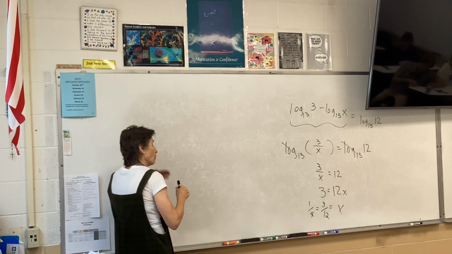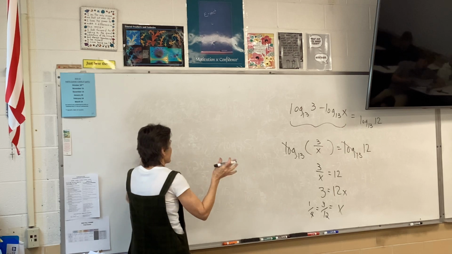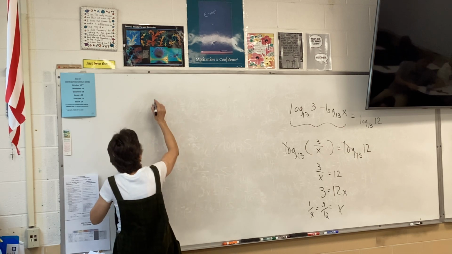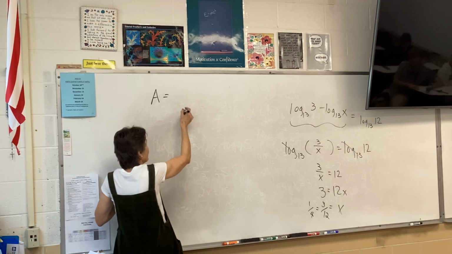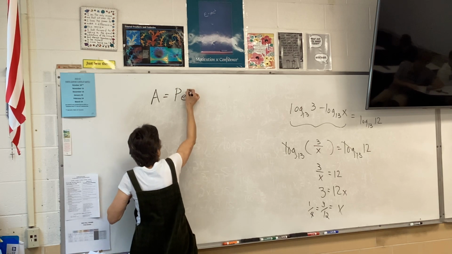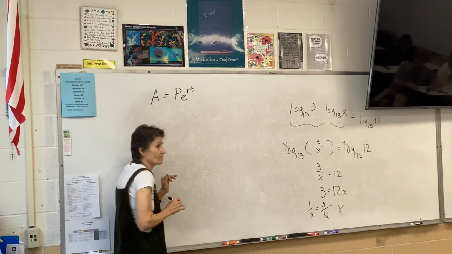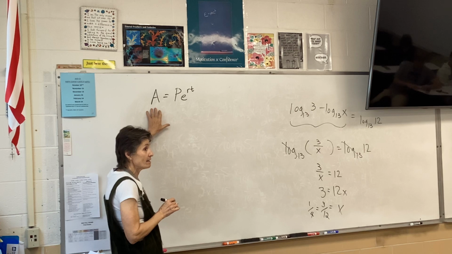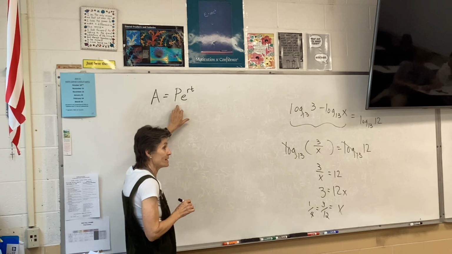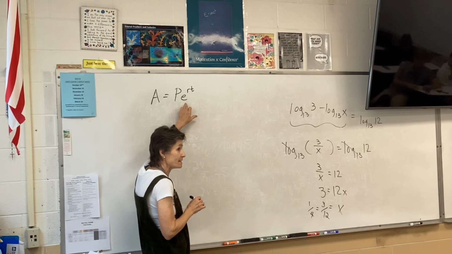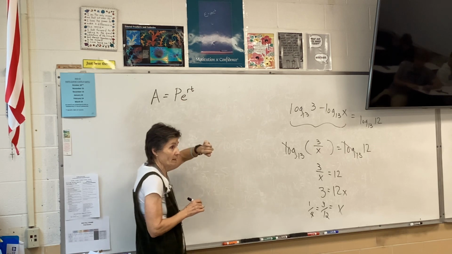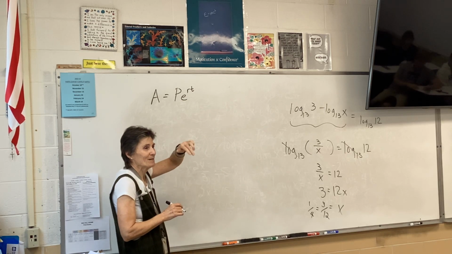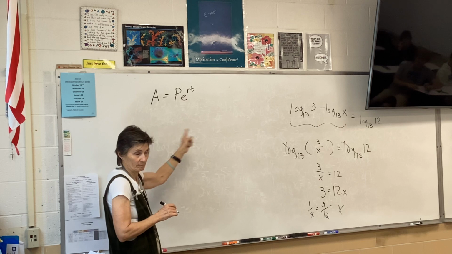So we'll talk about what all the letters mean, and what we do with them. But first, I want you to write them down. So we have what's called the Pert Formula. So that's A equals P times E to the RT power. It's called the Pert Formula, for obvious reasons.